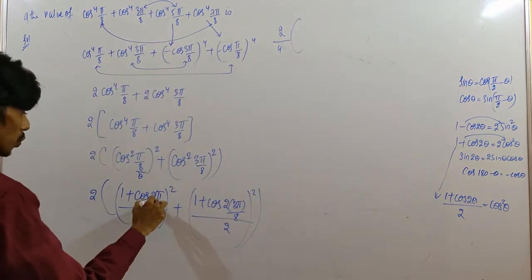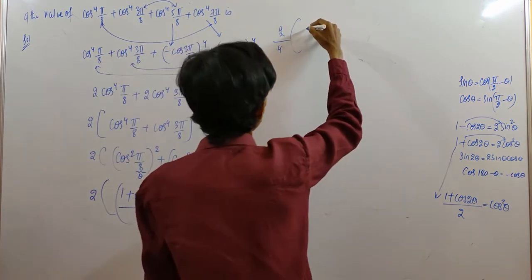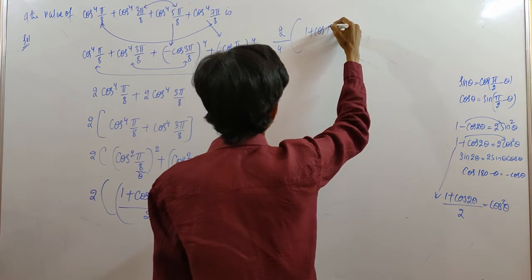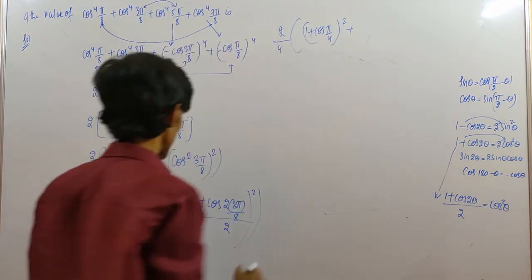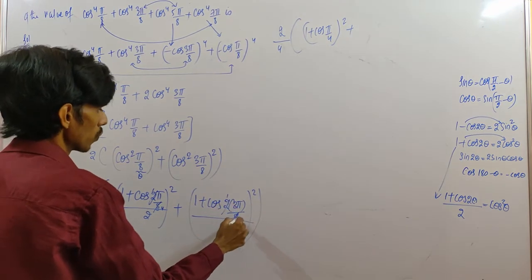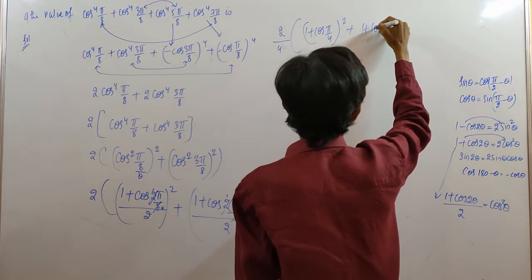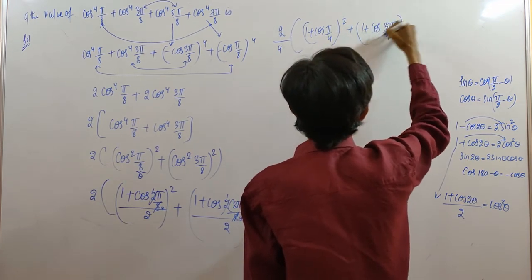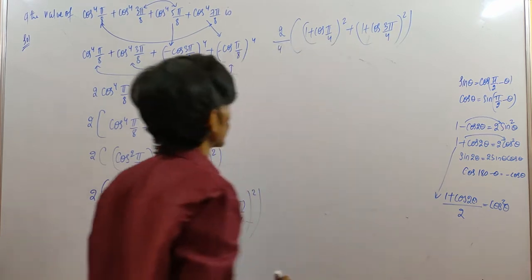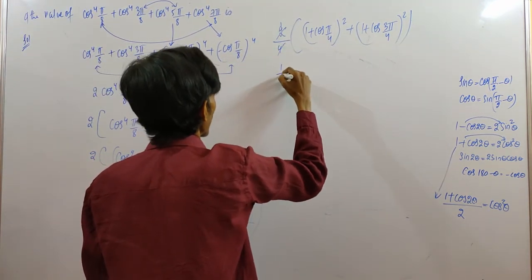Cancel these: 1 plus cos pi by 4 whole square plus 1 plus cos 3 pi by 4 whole square. Now these two will get cancelled. We have 1 by 2.